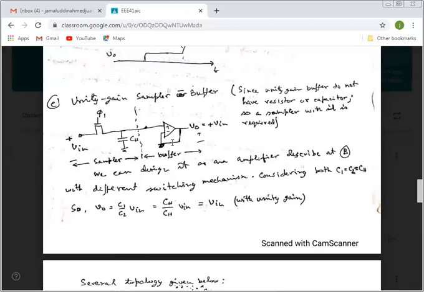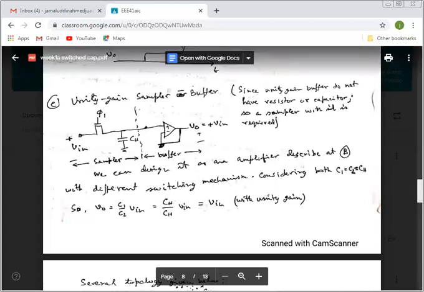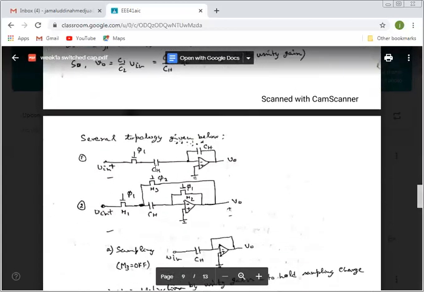In the integrator, one is C2, another is C1. But here we will use both capacitances the same. So Vout will be C1 by C2 times Vin, which is CH by CH times Vin, which is Vin. So it will be like a unit gain. Let's see the topology here: CH here, CH here.